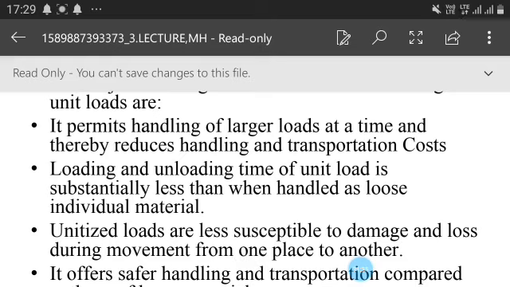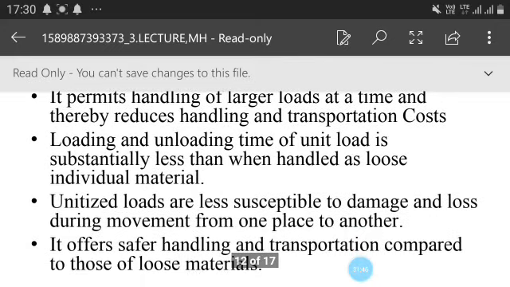Unitized loads are less susceptible to damage and loss during movement from one place to another. It offers safer handling and transportation compared to loose materials.